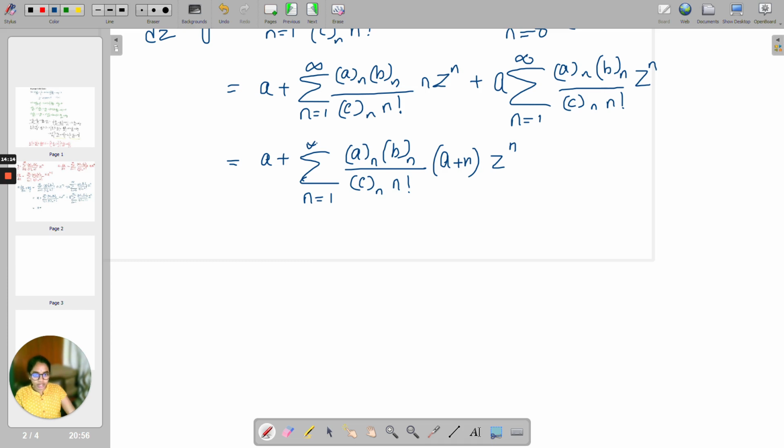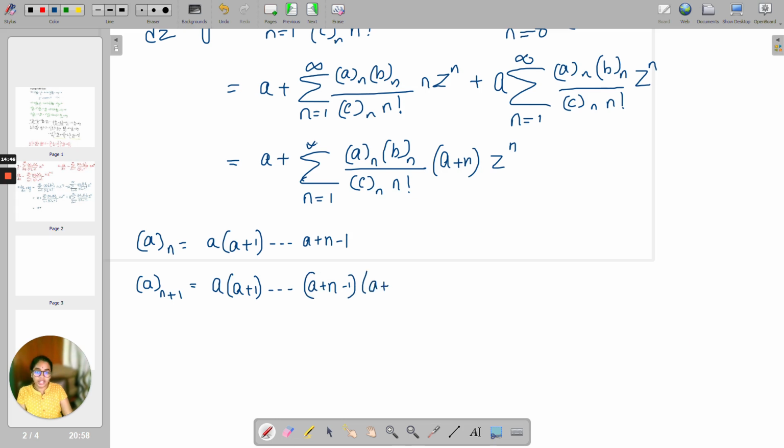Okay, now what is a n into a plus n? So now a n is a plus 1, so on up to a plus n minus 1. Agree? What is a n plus 1? That is a plus 1, so on up to a plus n minus 1 into a plus n, because it is a n plus 1, right?